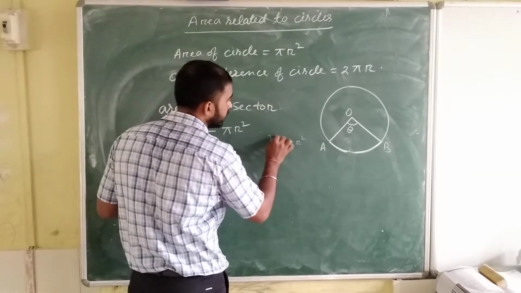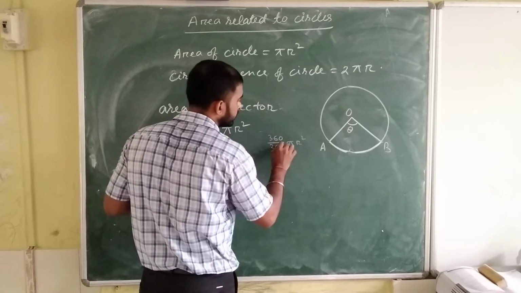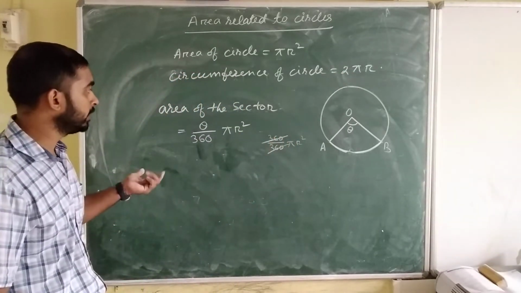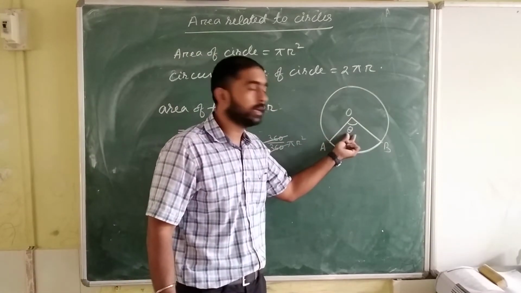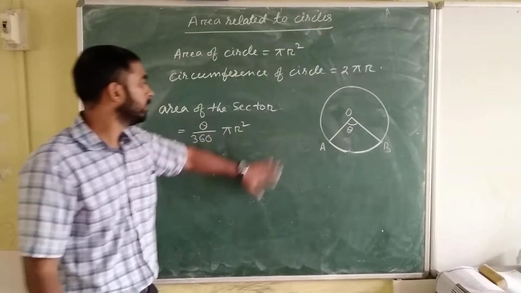In a circle, total angle is 360, and we consider the total circle, that's also 360. So 360 cancels, only pi r square. But here we have considered only this portion, which makes an angle theta. So theta by 360 pi r square.